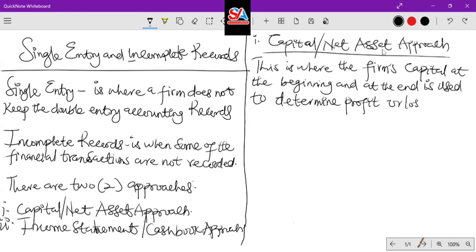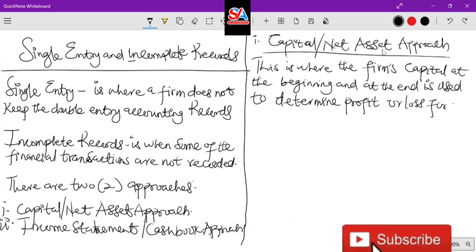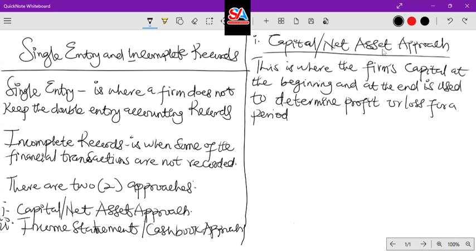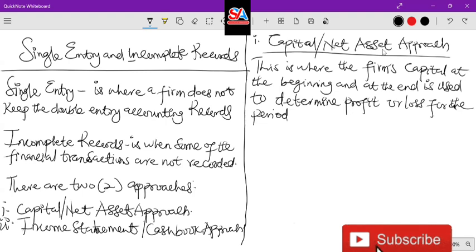This is where the firm's capital at the beginning and at the end is used to determine profit or loss for a period, right? So when do we use this approach? We use this approach when the assets and liabilities at the beginning and at the end are given, right?